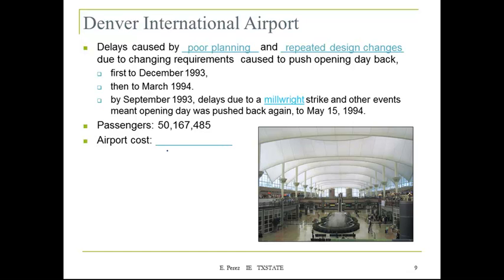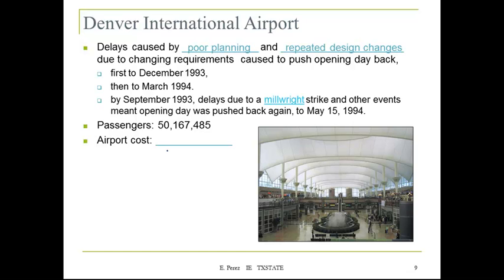Once you plan, then you start to see that your planning was not good, so you need to make adjustments, and that messes up your schedule and the resources you already planned. The change in requirements pushed the opening date back first to December 1993, then March 1994, and then a strike also pushed the opening date to May 15, 1994.